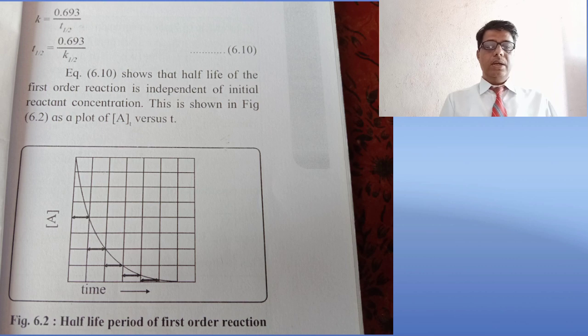The expression for half-life and the rate constant of the first order reaction is T half is equal to 0.693 upon k, and the graph of this half-life of the first order reaction shows that the half-life is independent of initial reactant concentration.